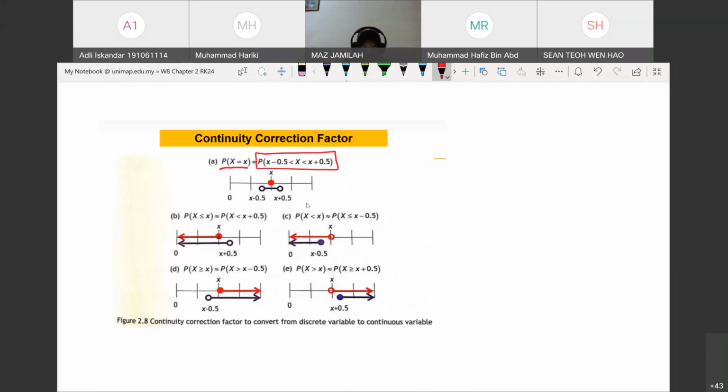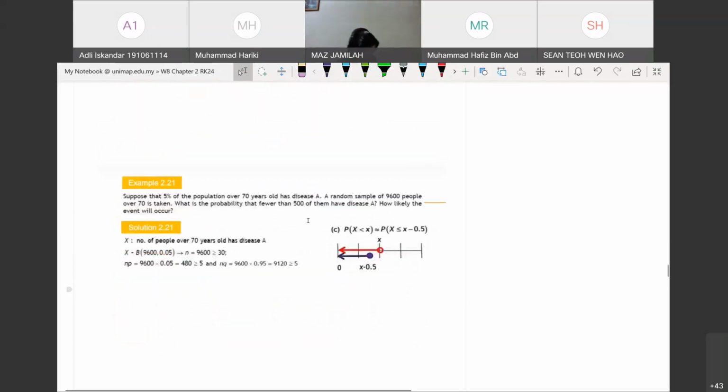If the question asks for less than or equal to x, you add 0.5 to the x given in your question. For less than x, you deduct 0.5. For greater than or equal to x, you deduct 0.5. For greater than x, you add 0.5 to your original x given in your question. Don't worry about that continuity correction factor. Let's look at the example.